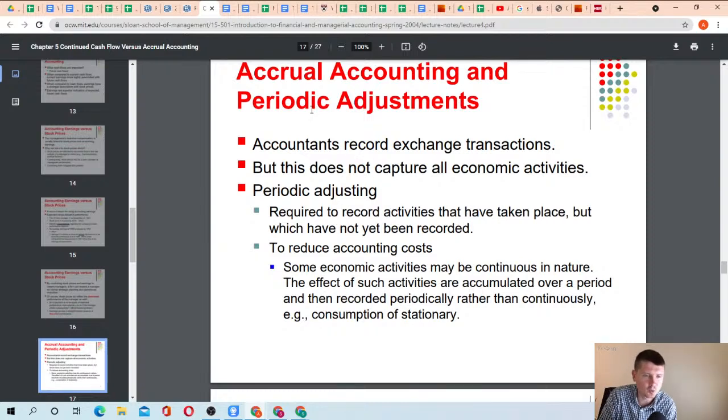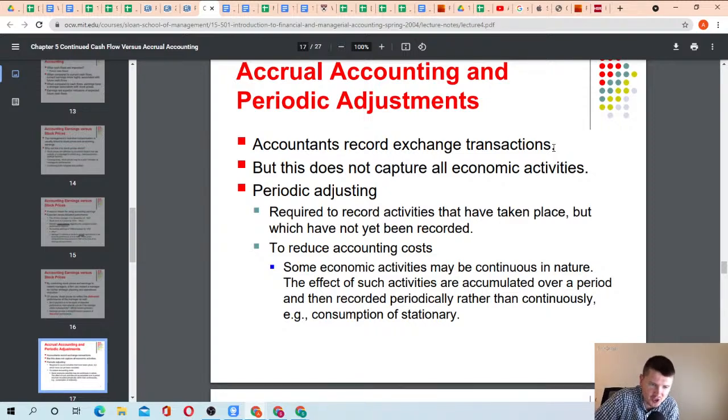Okay, so what else do we have here? We have a discussion about accrual accounting and periodic adjustments. We say that accountants record exchange transactions, and that's true. When transactions happen, something is exchanged.